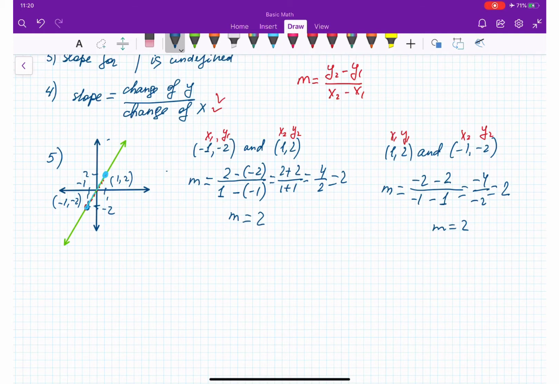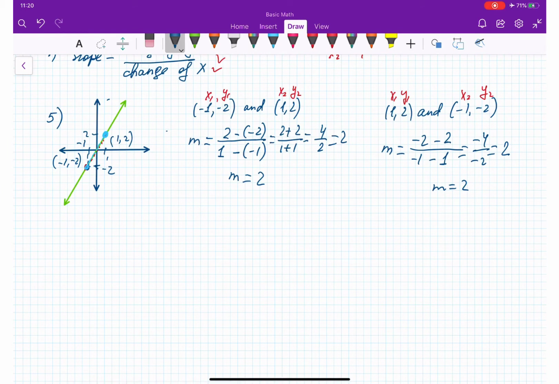Question number 6. Okay, we need to find the slope for the graph. So one vertical axis, horizontal axis. Okay, 1, 2, 3.